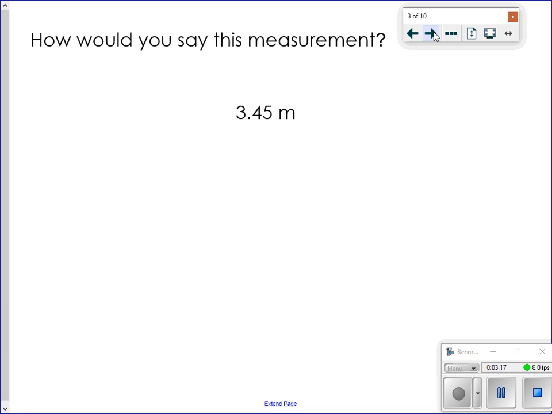So how would you say this measurement? Well, some people may say 3.45 meters, and that is true. How would we write this as a fraction? Well, it's 3 and 45 hundredths, right? There are 100 centimeters in a meter. So when we have 45 hundredths, that means we have 45 centimeters.